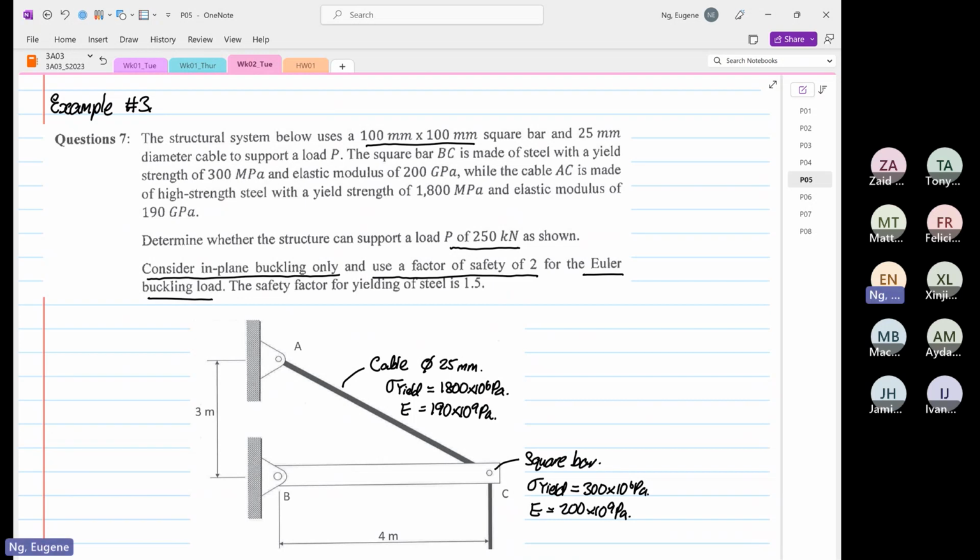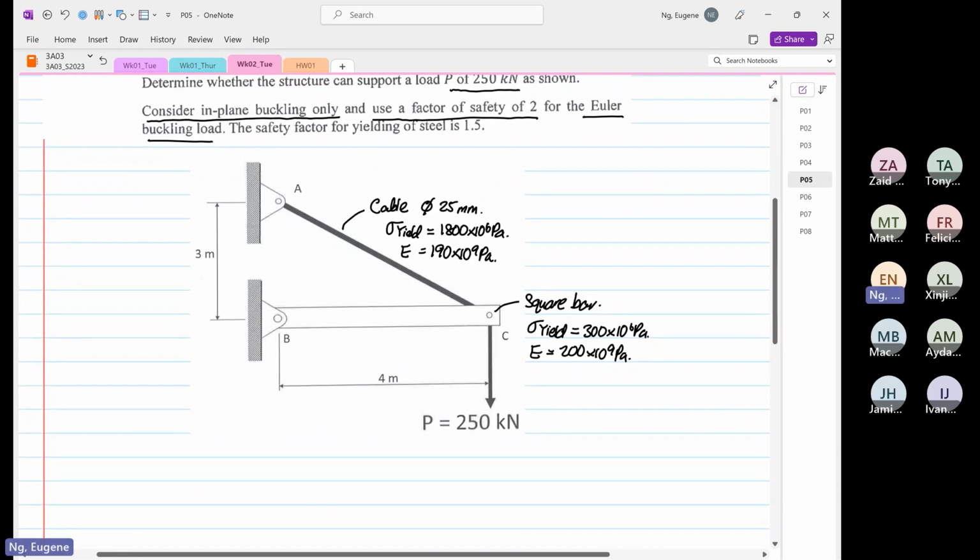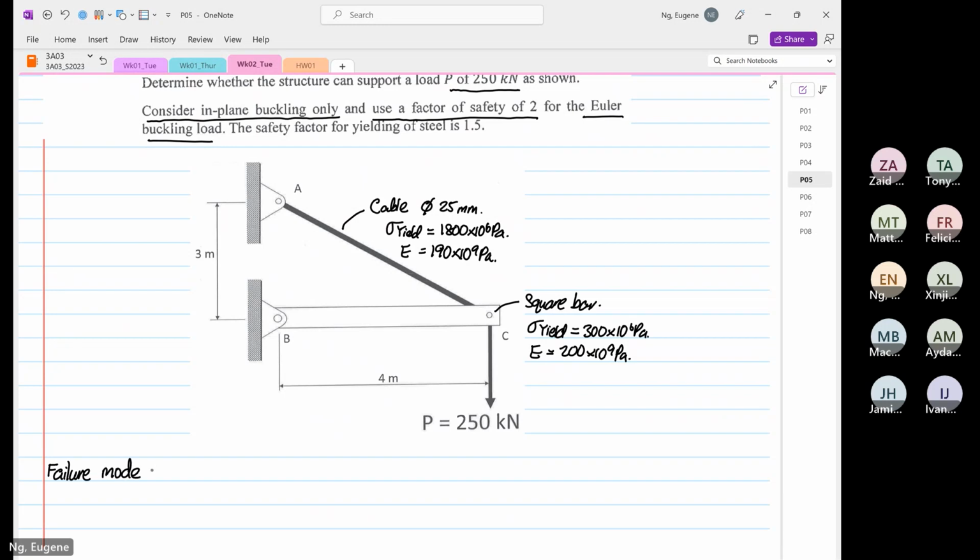Right. So in this question, there are three modes of failure. Failure mode number one, cable AC.